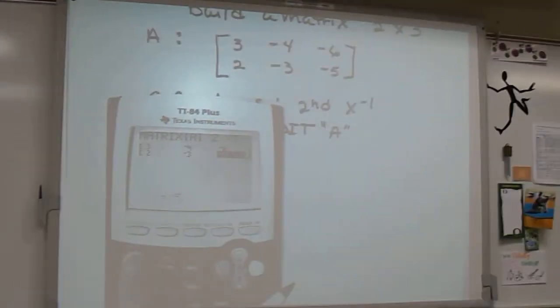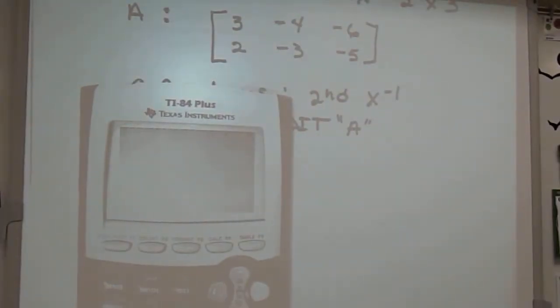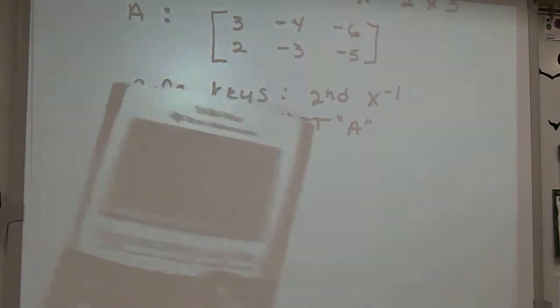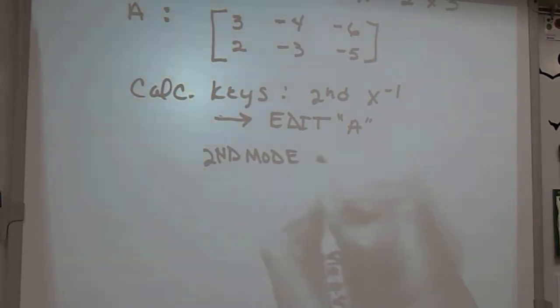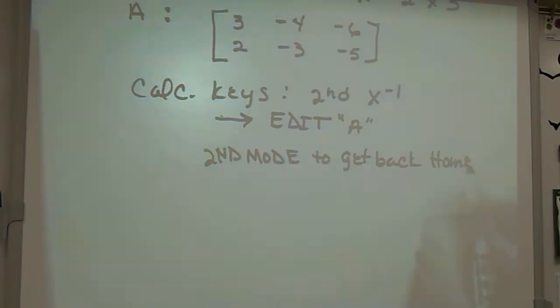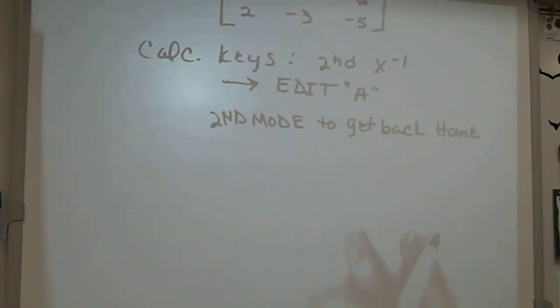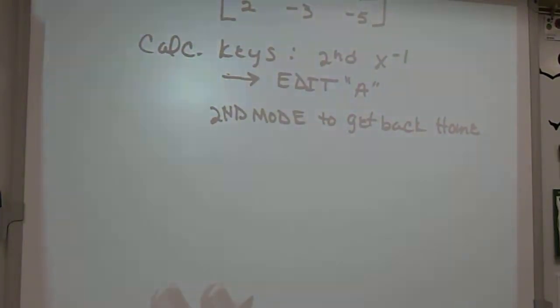Right. Second mode, to get back to our home screen. Right. Now we're actually going to do a little work with this. So we're going to hit second x to the negative 1 again.